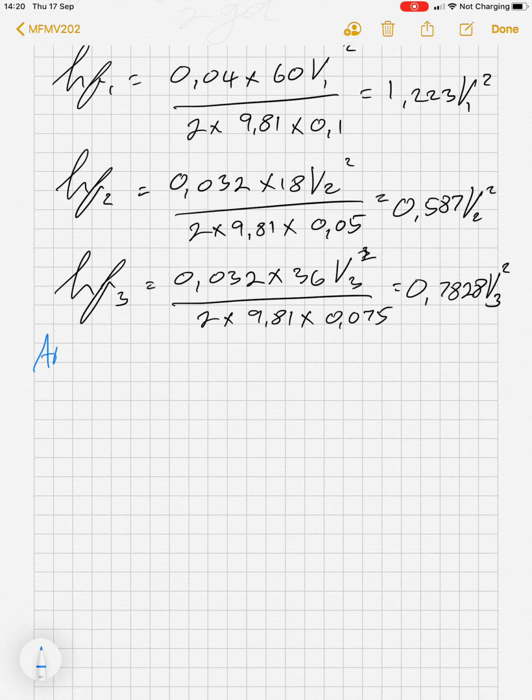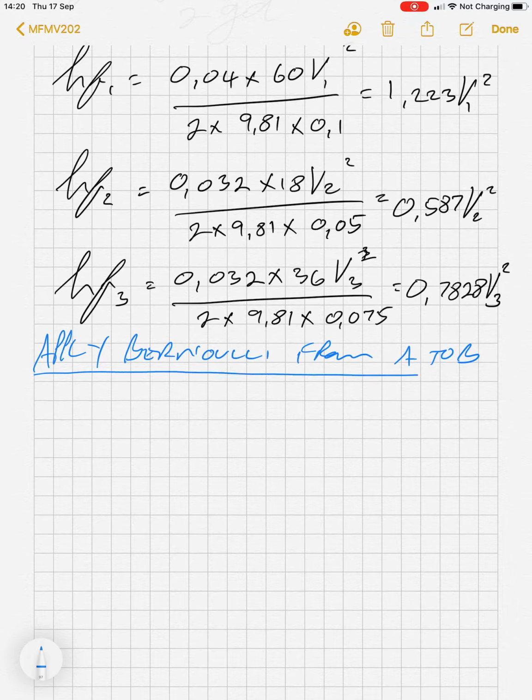Right, now we apply Bernoulli from A to B, and B is the exit of the first pipe.